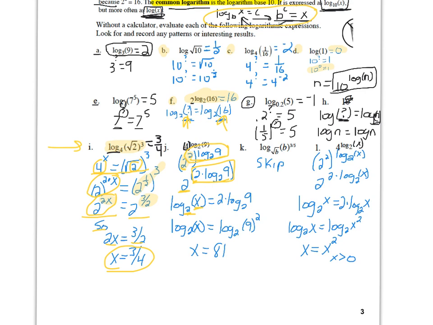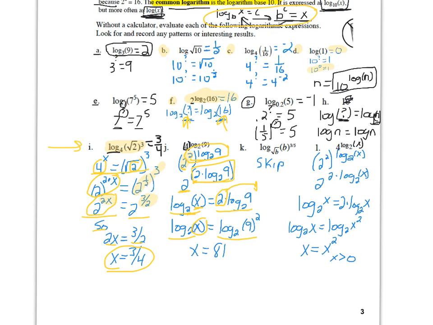And so now I have the log base 2 of x equaling 2 times the log base 2 of 9. There's a power property that you can learn about a little bit later, where I could pull that 2 that's out in front up as an exponent of the 9. So my left side hasn't changed, but the right side, log base 2 of 9 squared.